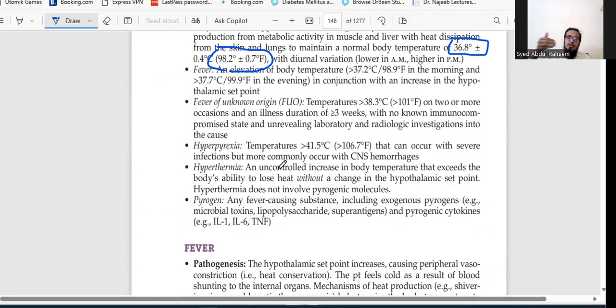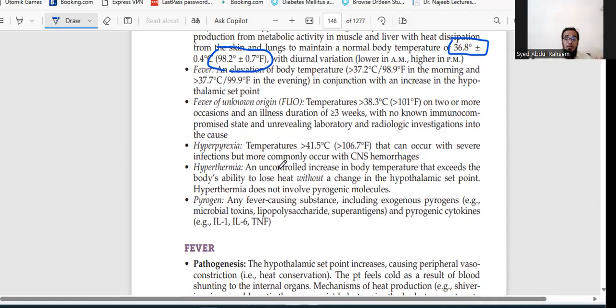So whenever a patient comes to your clinic, first check the temperature of the body. This is the basic thing you have to check. And you have to check the pulse rate, because in fever the pulse is high. You have to check the respiratory rate.